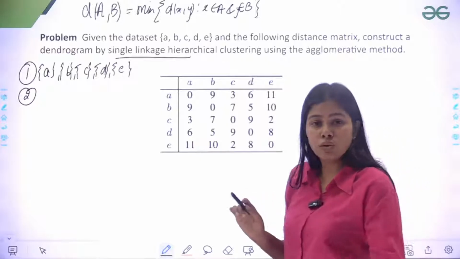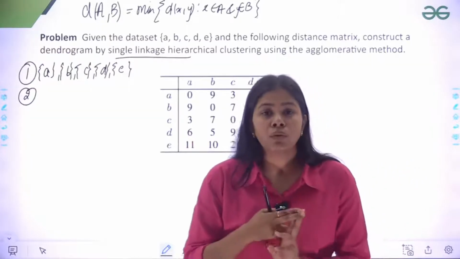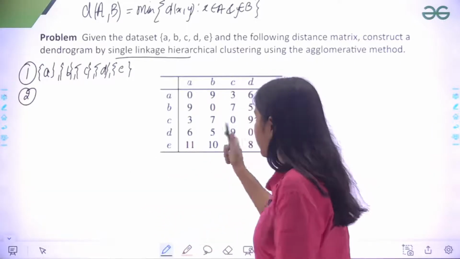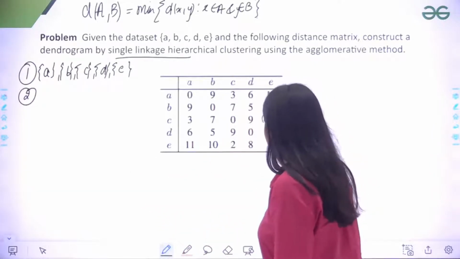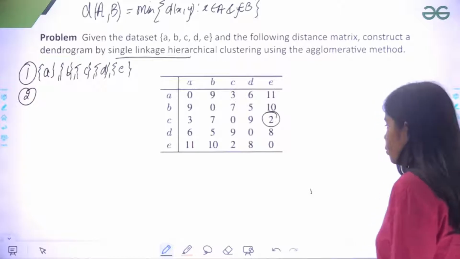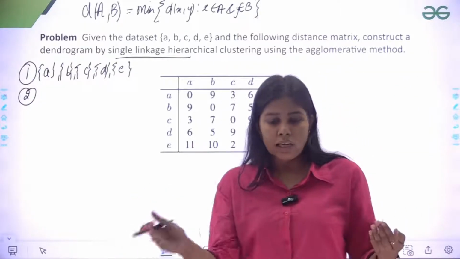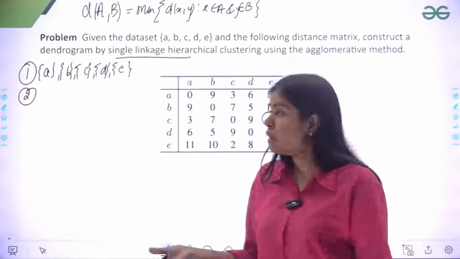C is 2. So to combine any two points, what is the first thing I'll check? I'll check the minimum distance. I can see that this is the minimum distance, 2. You cannot consider 0, right? You cannot connect A with A. That does not make sense.